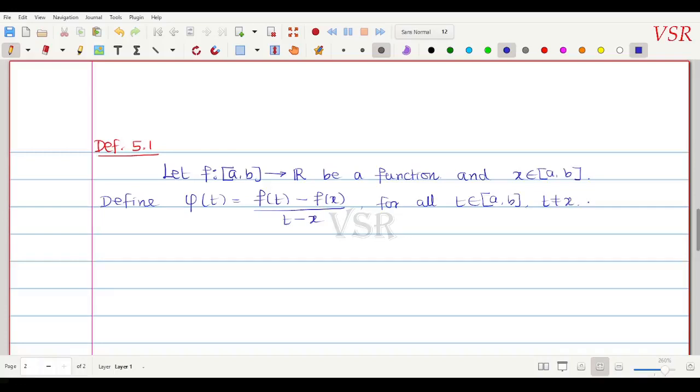Suppose the limit as t tends to x of phi of t exists.